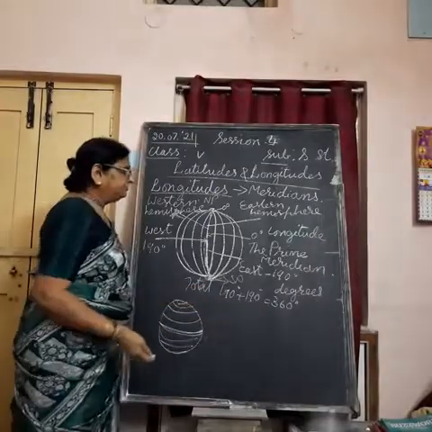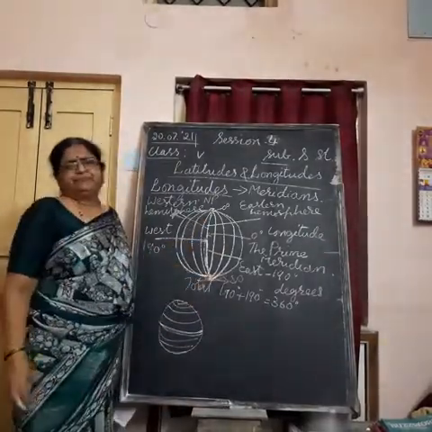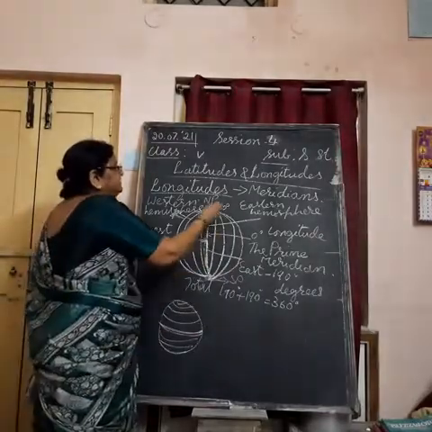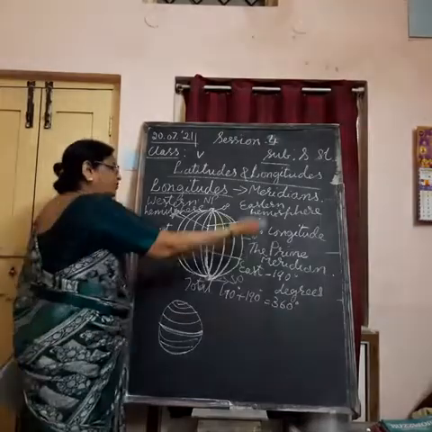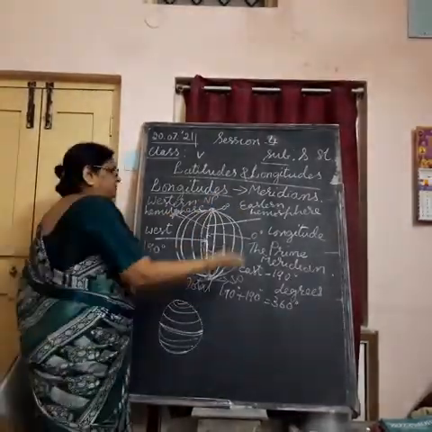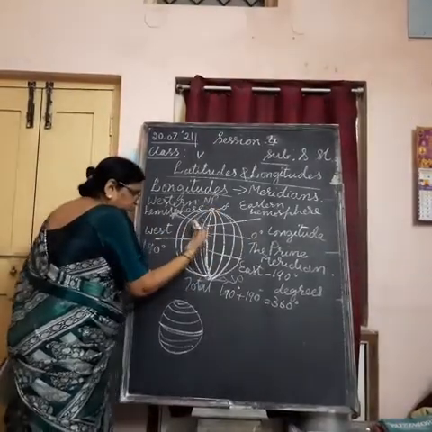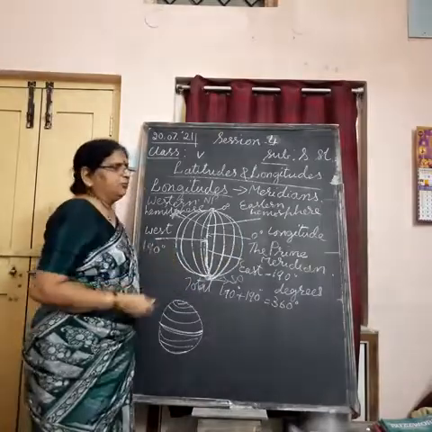So what they do? They remain the same size everywhere. Their size will not increase or decrease anywhere. Understand? All the longitudes are of the same size, whether in the center or towards the west or towards the east.